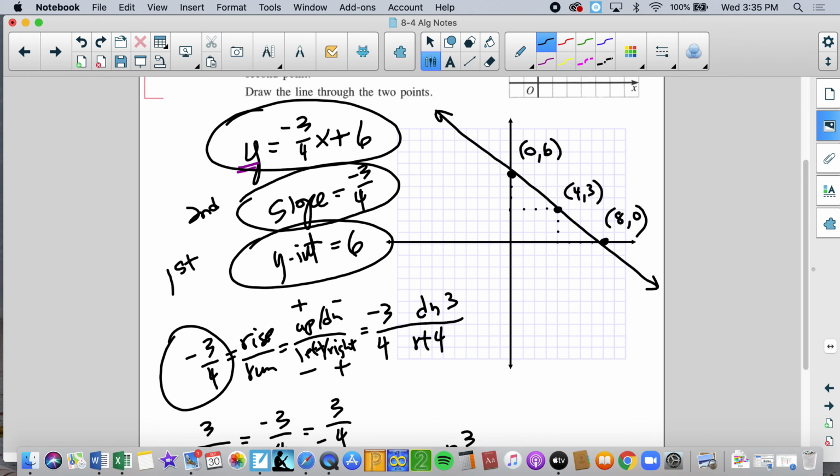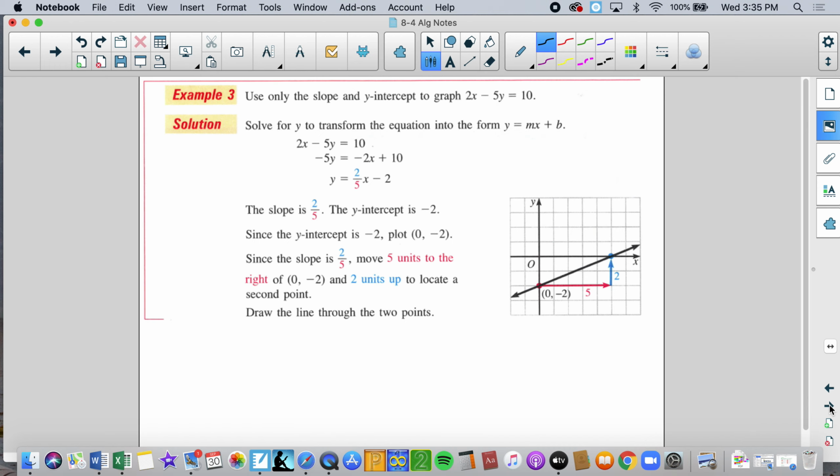So if we go back to the original, up 3, 1, 2, 3, left 4, 1, 2, 3, 4, you notice we're still on the line. So it doesn't matter which one you choose for your slope. All right? So use only slope-intercept form.